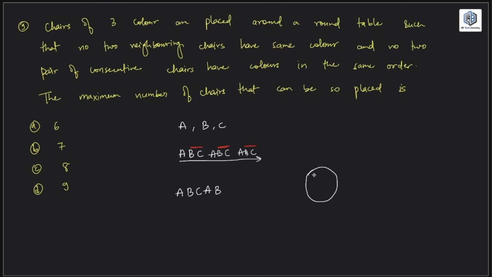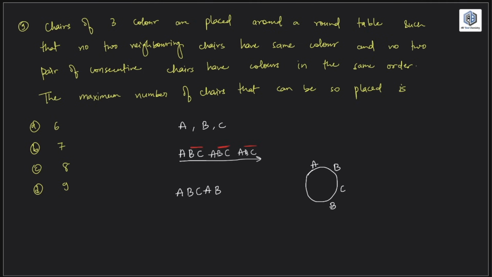So if you write this in the circular pattern, we start from A, B, C. Now it says that no 2 neighboring chairs should have the same color, so you cannot have C here. Then it says no 2 pairs of consecutive chairs have the colors in the same order, so the same order should not be followed.